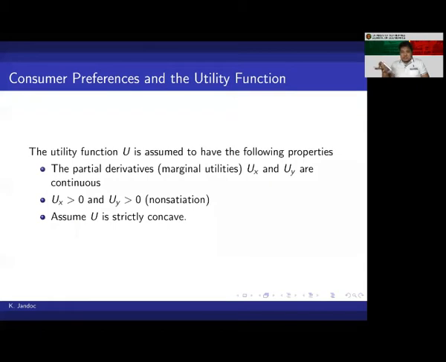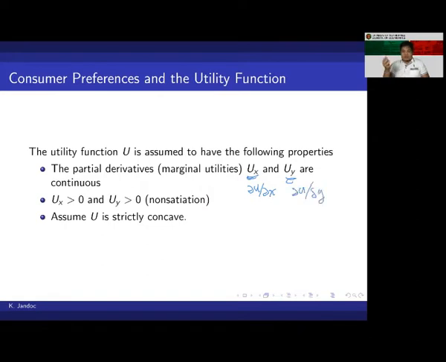Now, the function u, the utility function, we assume to have the following properties. First, technically, the partial derivatives of u, which we call the marginal utilities, ux and uy. ux is just the partial of u over the partial of good x, meaning how does utility change when x changes, and uy is just partial u over partial y.